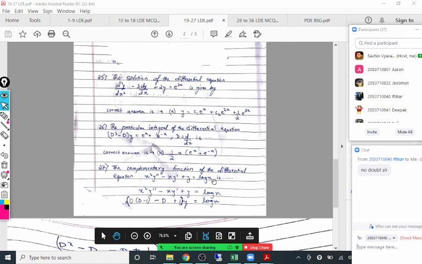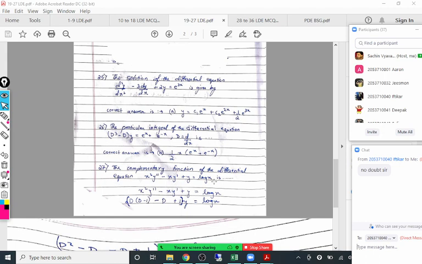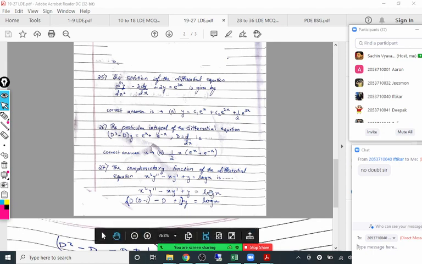the following is a complementary function of the differential equation. So again Cauchy's form is given, and we just want a complementary function only, so don't think about the RHS. Log x, you can just ignore it. And actually he wrote it wrong also when he converted to Cauchy's. When it is converted from Cauchy's to the LDE, this will not remain log x, so just ignore it and write 0.